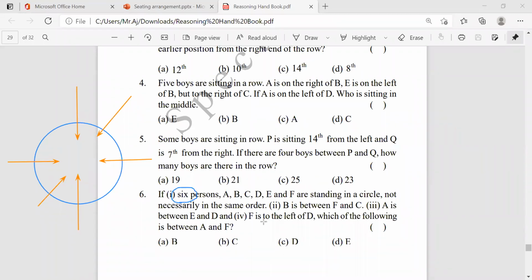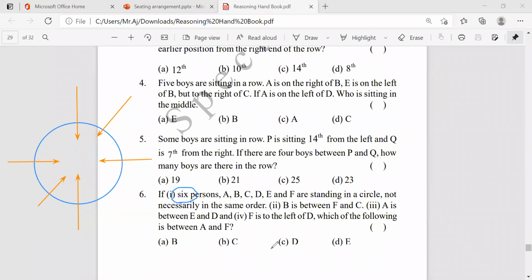Now, for the first expression, they said B is between F and C. We cannot assume that F will be here, C will be here, B will be here. Go for another one. A is between E and D. Where will E be, where will D be, and where can we keep A?